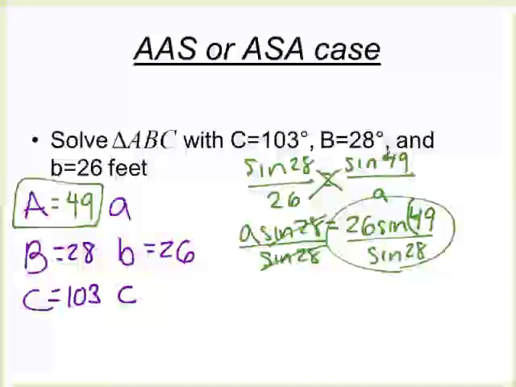You need to close that off after you type in the 49. Then divided by sine, and it opens it up, and you need to close it up after you do 28. If you are using a cell phone calculator, this is much more difficult to plug in. It's doable, but I will have to help you with how to plug it in later.